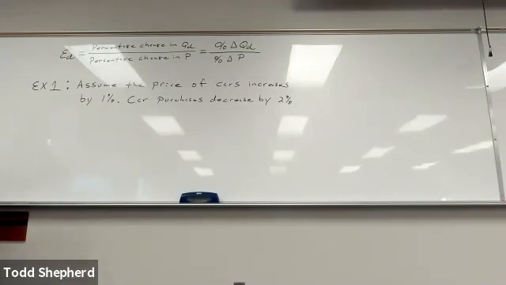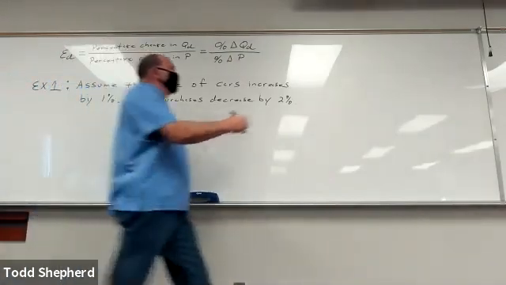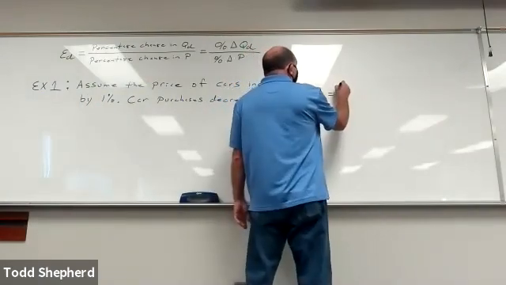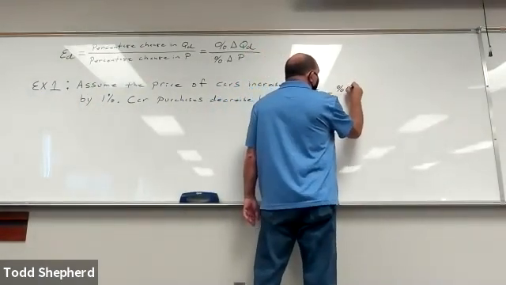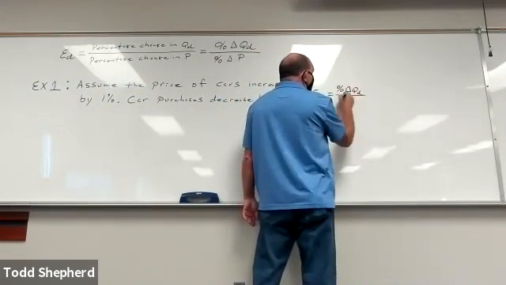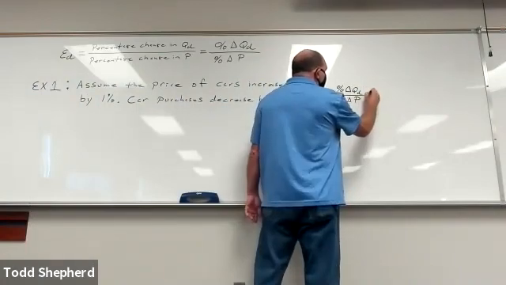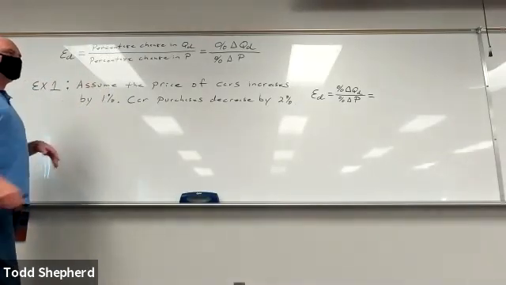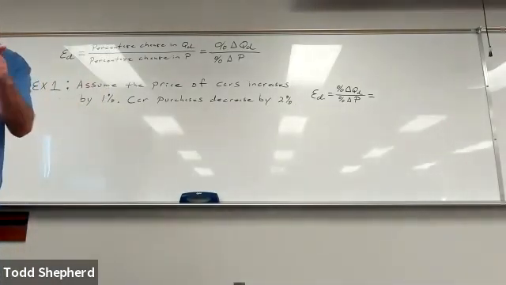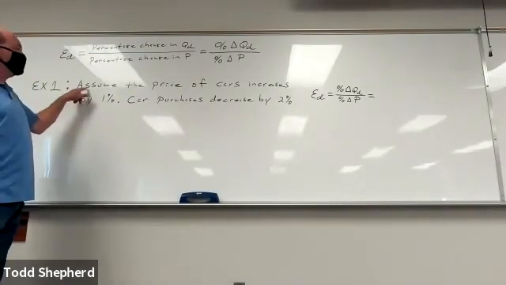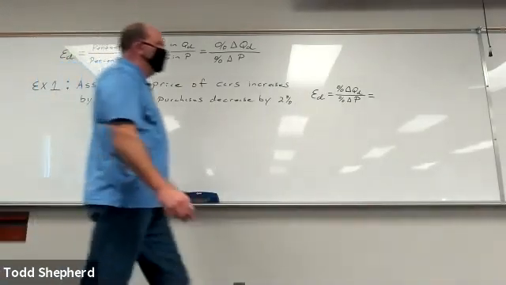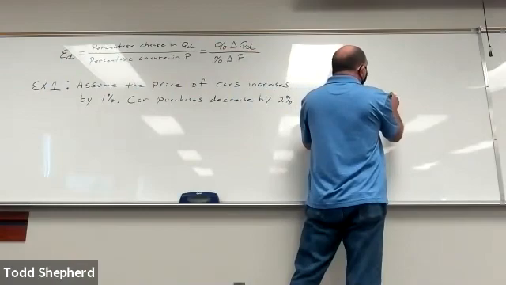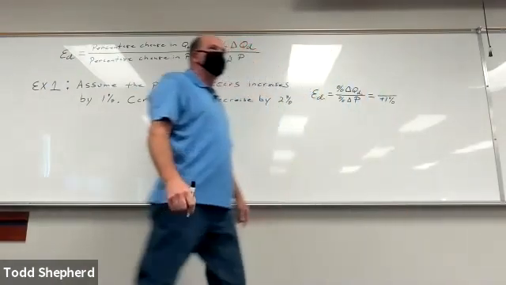All right, so we would ask ourselves the question, what's the elasticity of demand? So in this case, the elasticity of demand is equal to, I'm going to write it out to start, percentage change in quantity demanded divided by the percentage change in price. And then we pick out our numbers and plug them into the appropriate spots. Sign becomes important here. In this case, the price increases by 1%. Since price is in the denominator and price went up, we're going to put a positive 1% in the denominator.